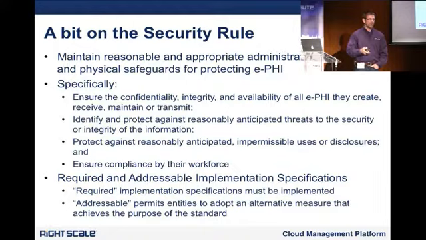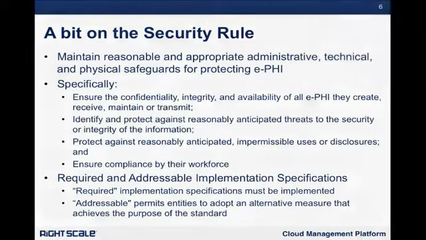If it's required, you have to implement what is specified in the simplification rule as there. If it says it's addressable, then similar to PCI, you can meet basically the intent, the original intent and rigor of that control. So it matters because when an auditor comes in or somebody comes in, if you have a breach and they look at it, did you do what you needed to?